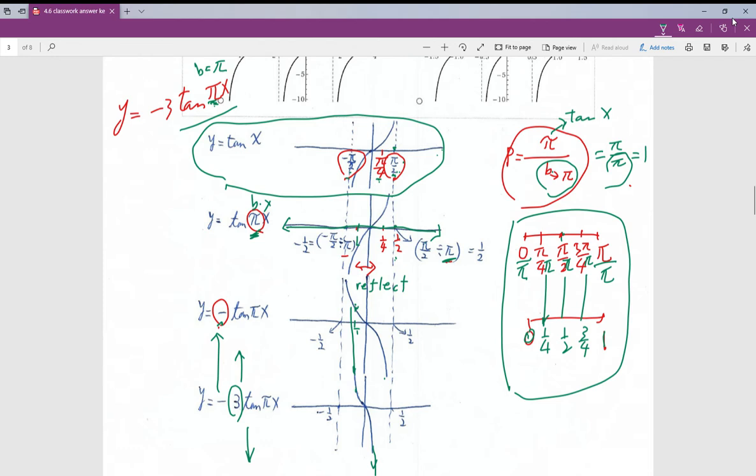But when you multiply by 3, it is triple. That means the y value grows faster, so the graph will look skinnier. When something grows faster, it looks skinnier. So the graph should look skinnier.